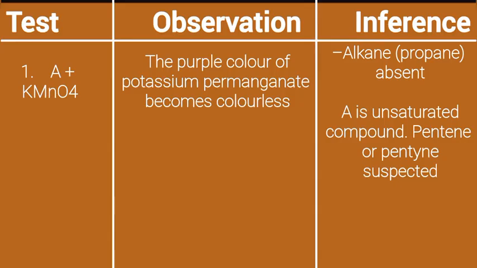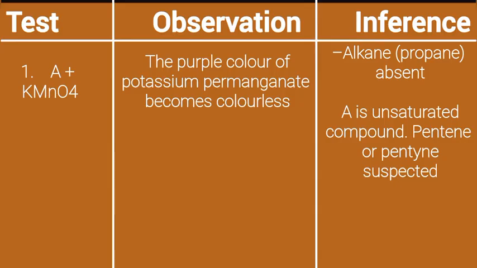We use the word suspected because there are 2 that are still challenging us: pentene, an alkene, and pentyne, an alkyne. The next step will help us to distinguish between whether liquid A is an alkyne, pentyne, or whether it is an alkene, pentene.